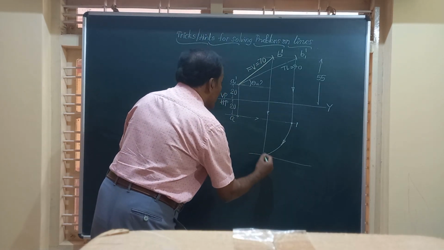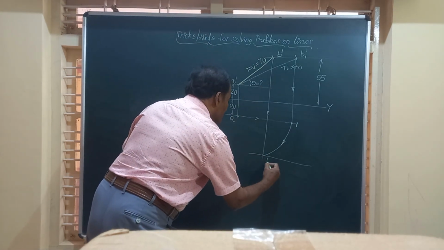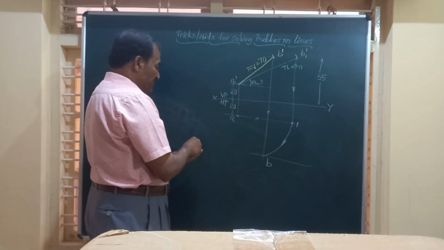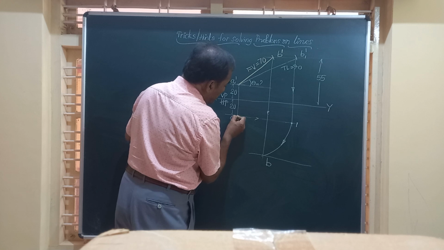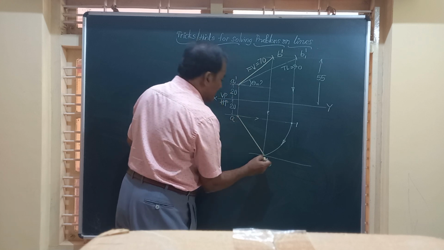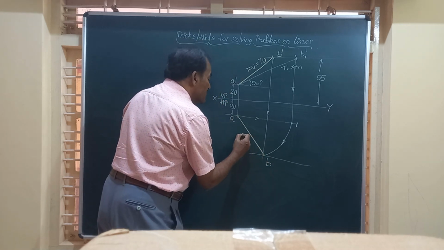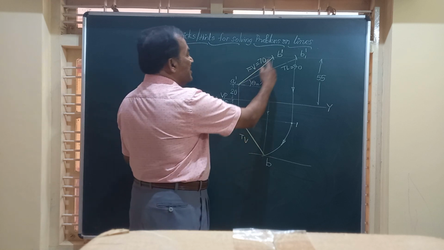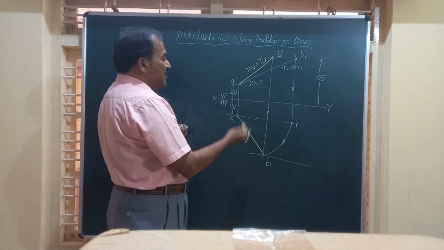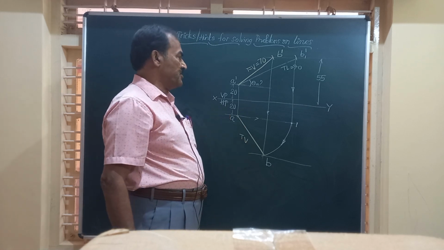Friends, this point is going to be the point B. So now you have A and B; join A to B. Friends, this will give you the top view of the line, and if you want, you can measure the distance also.